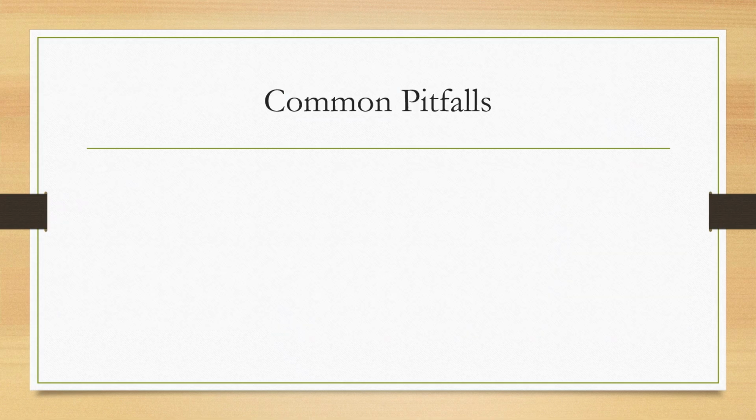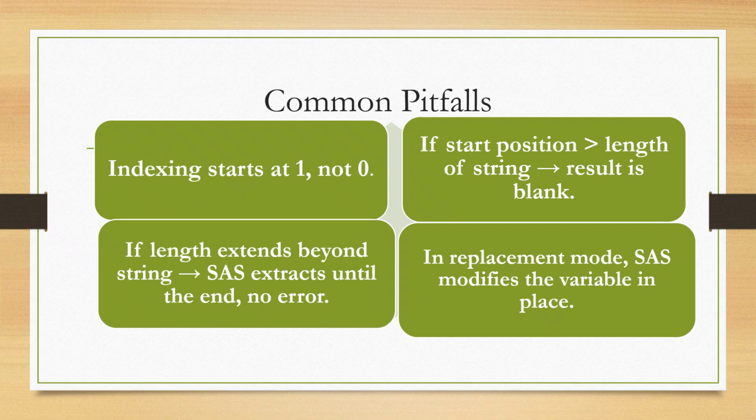Now let's discuss the common pitfalls which any programmer might encounter while working with the SUBSTR function. The first one is that the indexing starts at 1 and not 0. Many programmers used to other languages can get confused by this, so make sure that the starting position always starts at 1 and not 0.